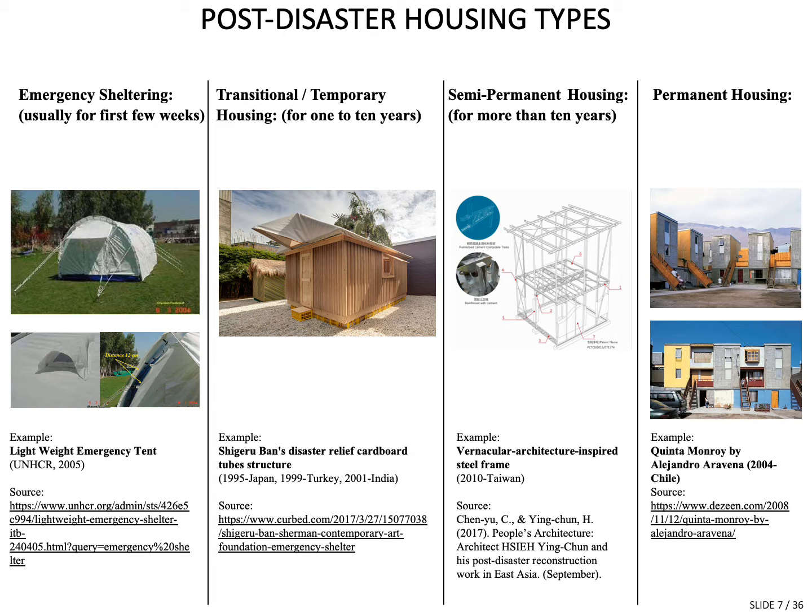It is a version of transitional housing that is capable of being permanent with land ownership. The fourth one is permanent housing. It is public welfare housing for displaced people, usually with an incremental building tendency. These are various examples of these housing types.